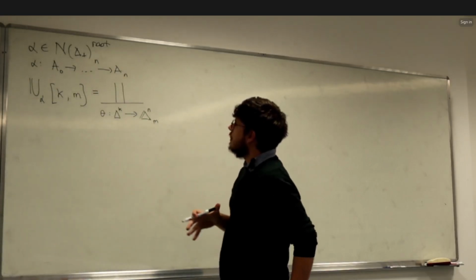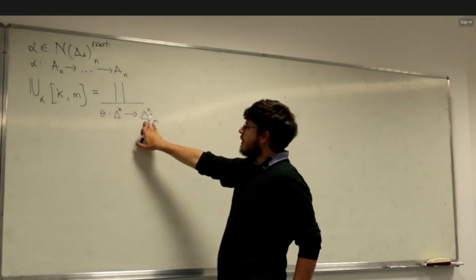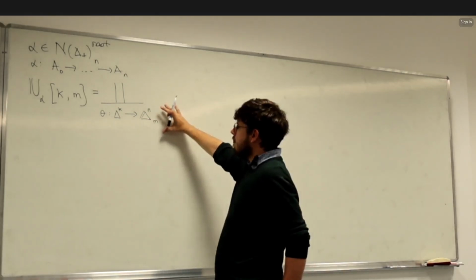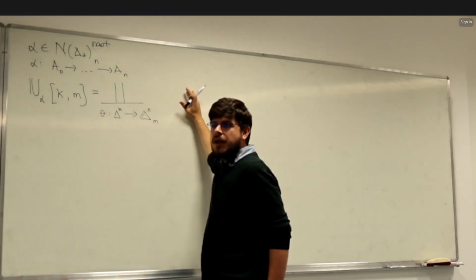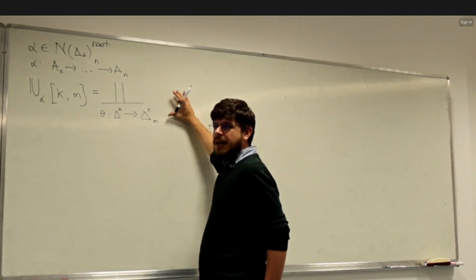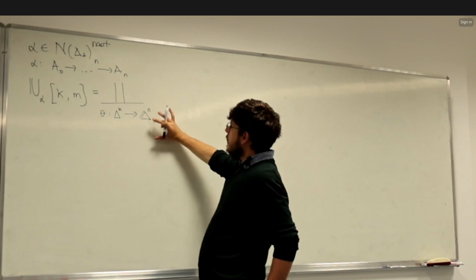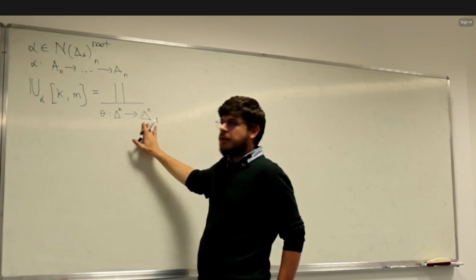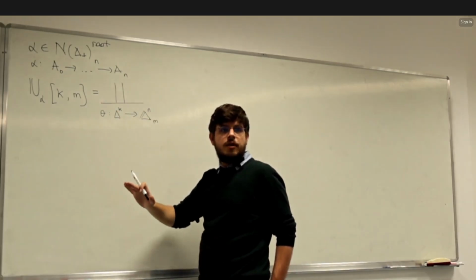Why is one of your deltas blackboard bold? This is the thick delta N. The coherent nerve of that. Yes, the simplicial category. So this is the cofibrant replacement of delta N in the model structure for simplicial categories.